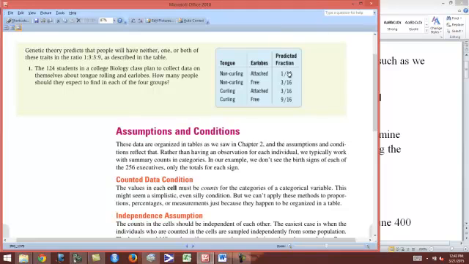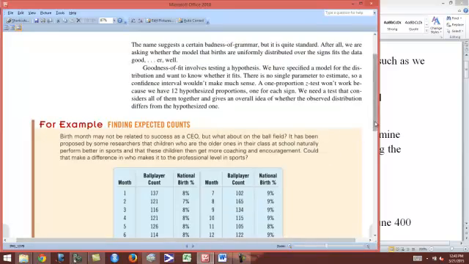Well, they have the predicted fractions. According to the mathematics, 1/16 should be non-curling and attached, 3/16 should be non-curling and free, 3/16 should be curling and attached, and 9/16 should be curling and free, according to the information given in this table here.